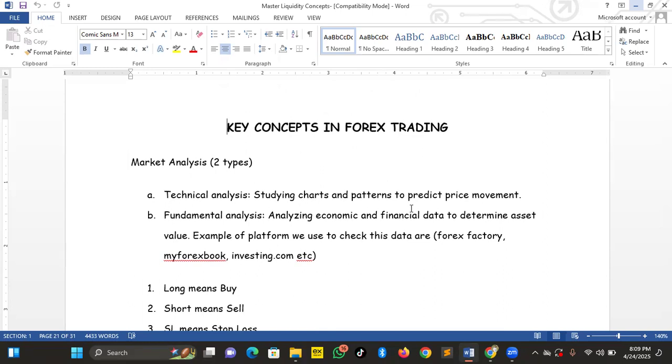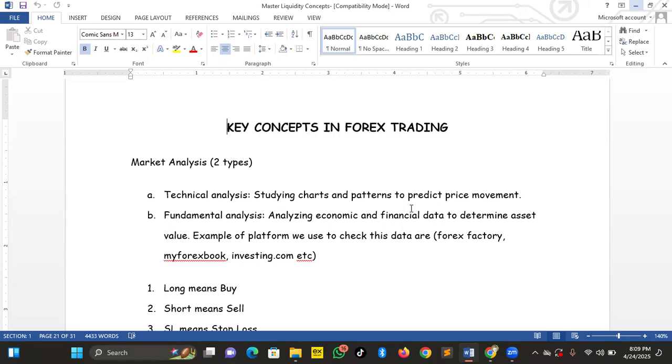Now this fundamental analysis is based on a country. Let's say we have news based on, for instance, the United States, such as inflation and unemployment rates. All those things are what we call fundamental analysis.